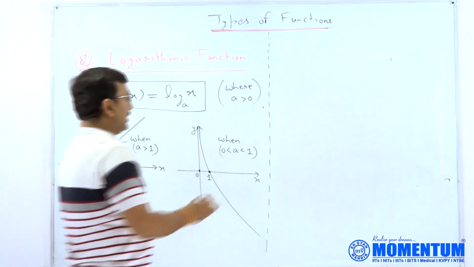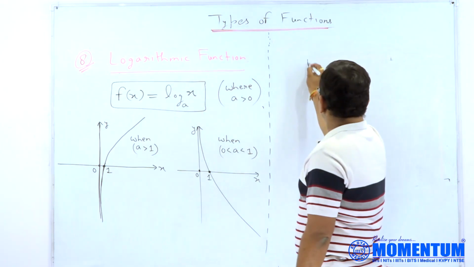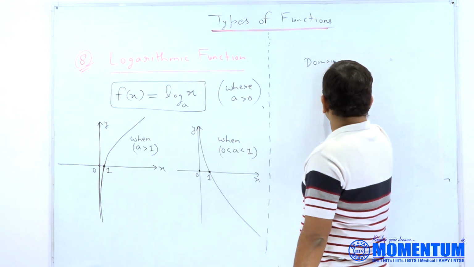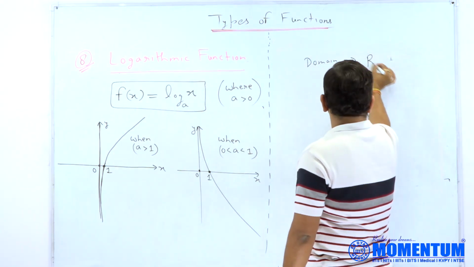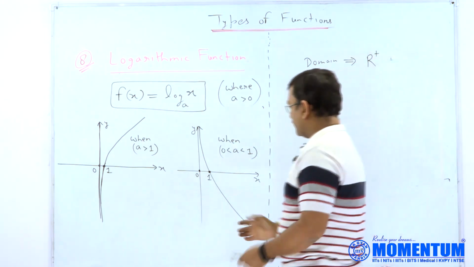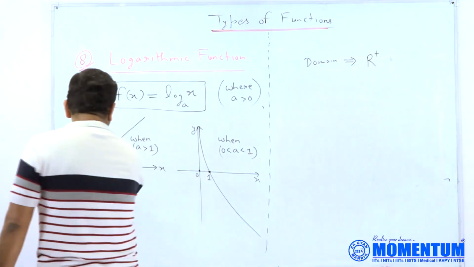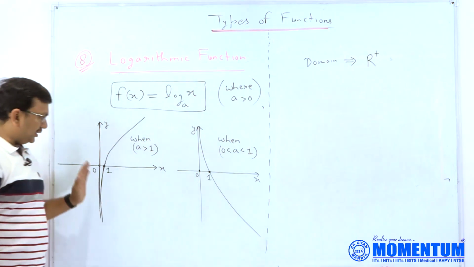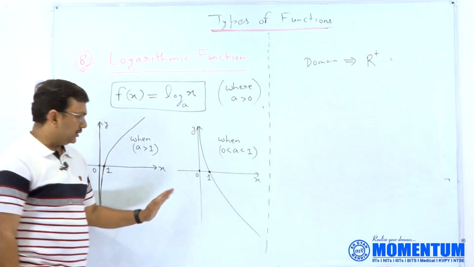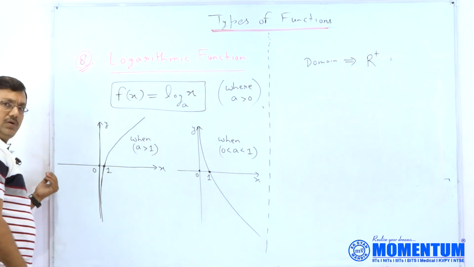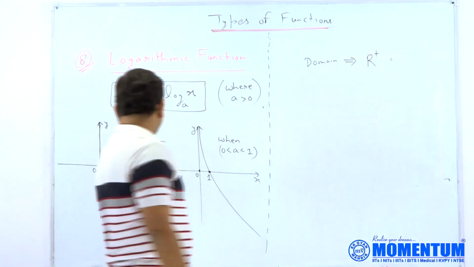Domain, दोनों डायग्राम को देखिए. From both the diagrams, it is clear that domain is R plus. We are getting the diagram only for positive x. There is no diagram on the negative x-axis.